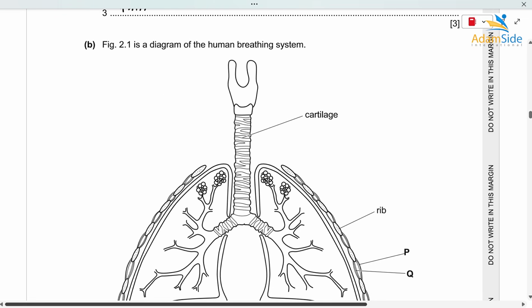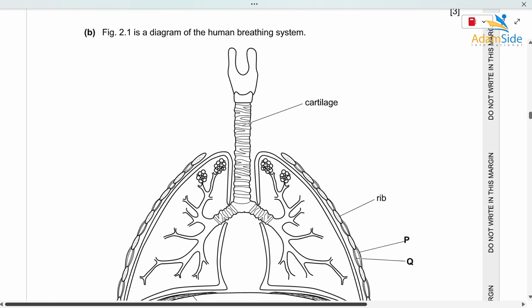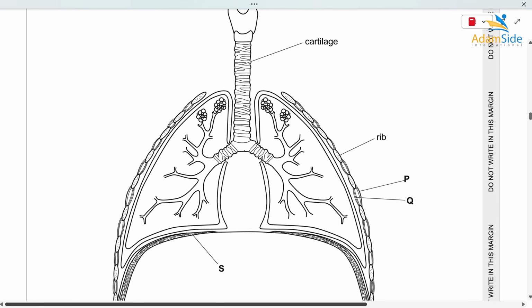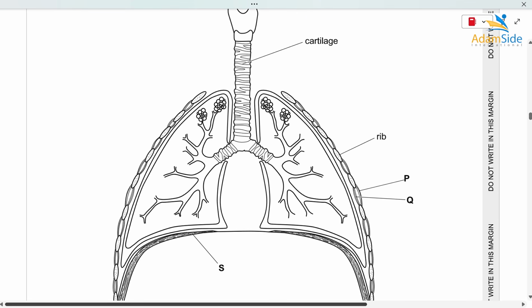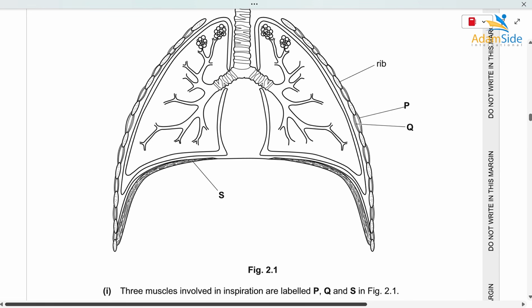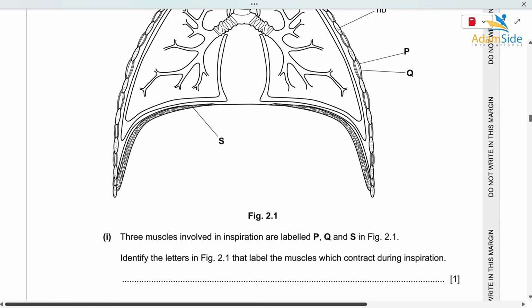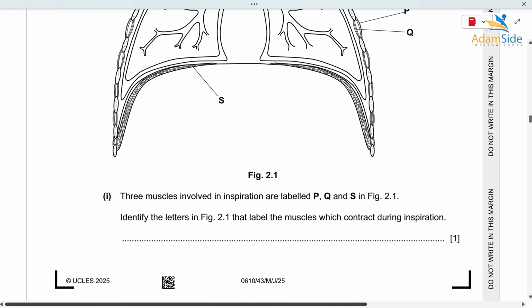Okay. Figure 2.1 is a diagram of the human breathing system. As we can see, it has a part labeled cartilage, a part labeled rib, and parts labeled P and Q. P and Q are representing the intercostal muscles. And then it has a part labeled S. Three muscles involved in inspiration are labeled P, Q, and S. Identify the letters in 2.1 that label the muscles that contract during inspiration.